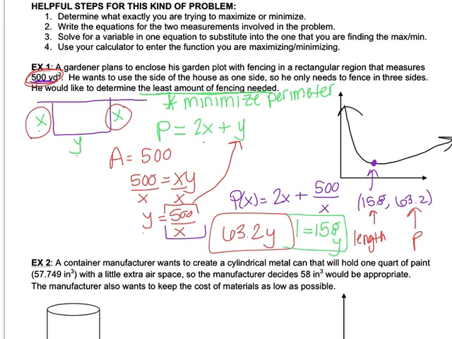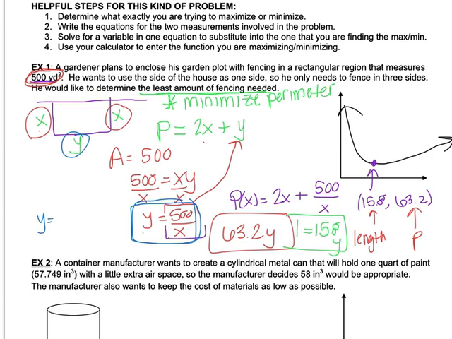The question is, how do I figure out what this value is going to be? I do need that dimension as well. So in order to find that out, we solved for y in terms of x, so we can actually just plug our x value of 15.8 back in there and get y.